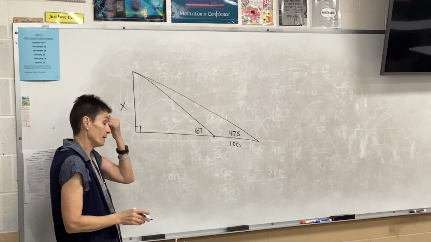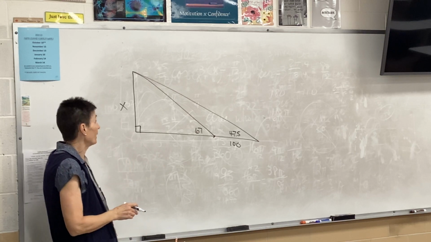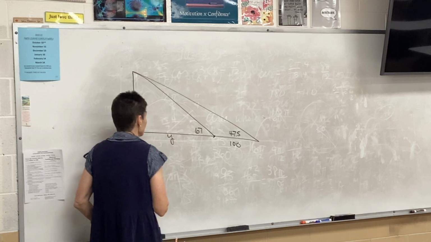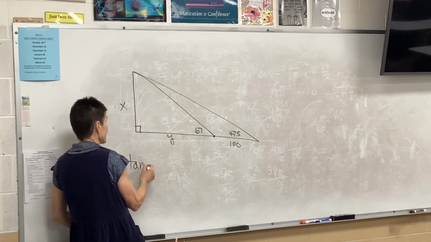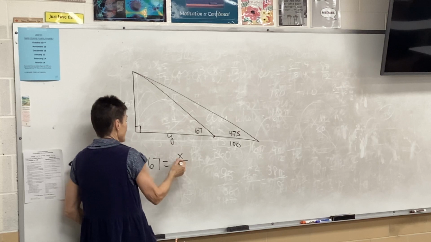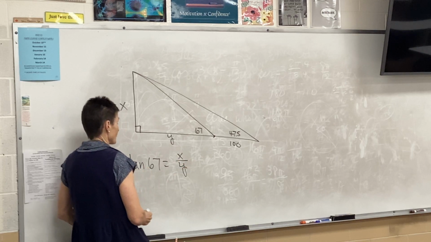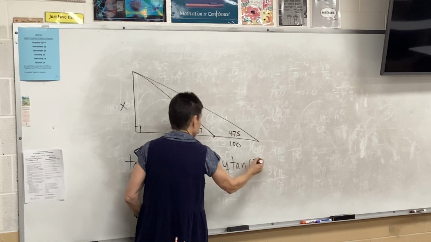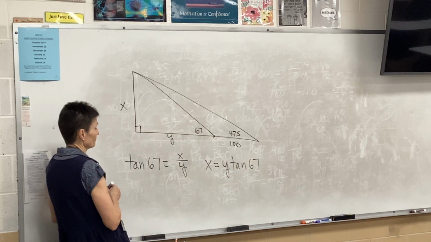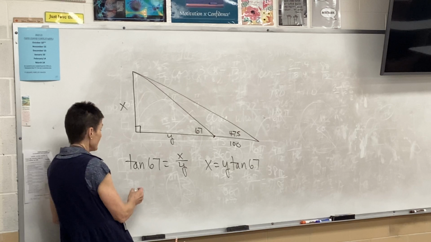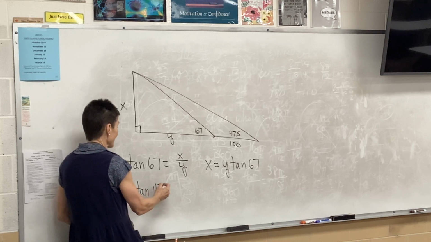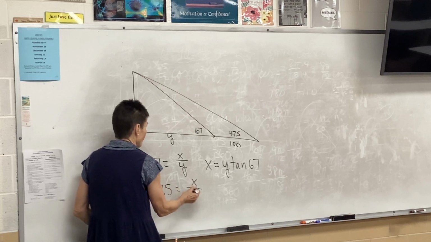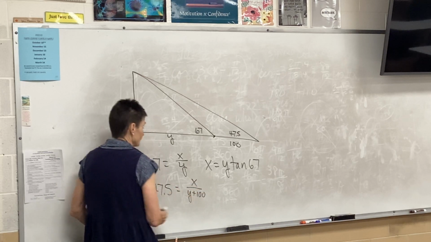So this is one we're going to need a system of equations. So I'll call this y. And the tangent of 67 equals x over y. So x equals y tangent 67. That's one of my equations. Tan 47.5 equals x over y plus 100.